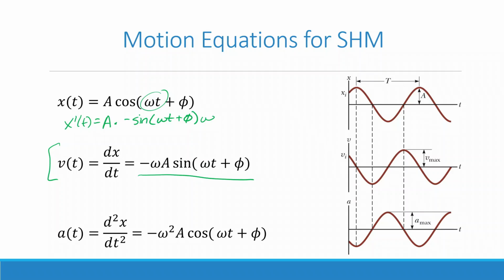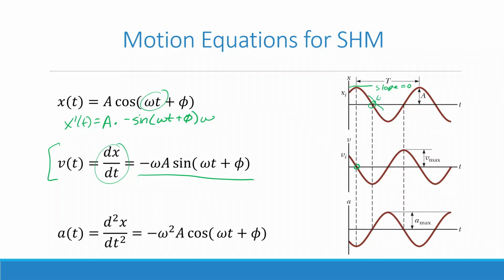Because our velocity is the slope of the position graph, whenever we are at a maximum, our slope is 0, which means our velocity is 0. Whenever our position is 0, that is where our slope is going to be at a maximum.